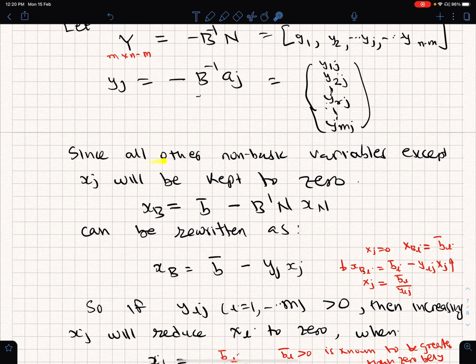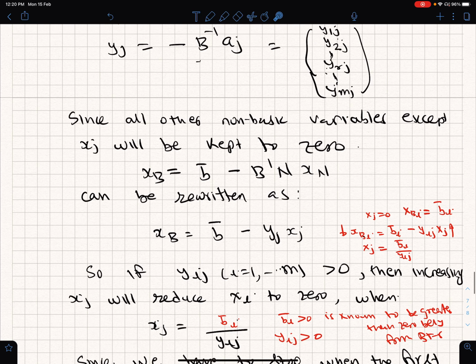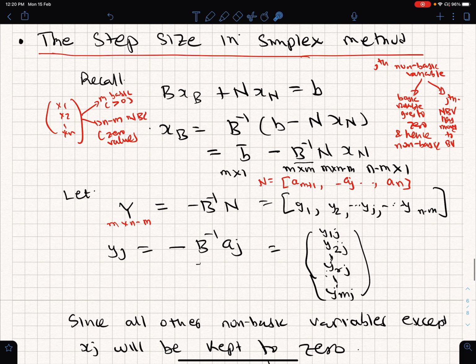Now, since all other non-basic variables except xj will be kept at 0, when you are looking at this multiplication here, you are multiplying this by the non-basic variables x m+1, up to xn, and somewhere in there is xj.